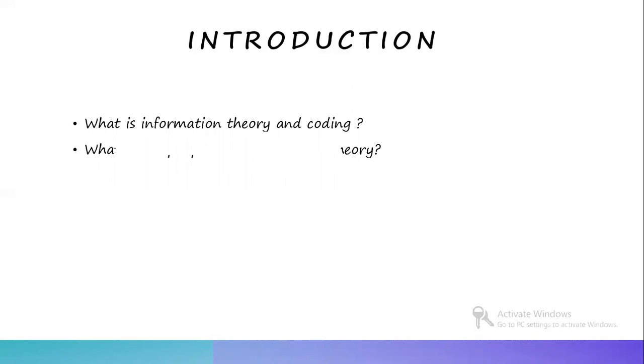So next is, what is the purpose of information theory? Information theory is basically a notion of data source and data transmission channel. The purpose of information theory is for increasing the efficiency and reducing the error rate of data communication over noisy channel.